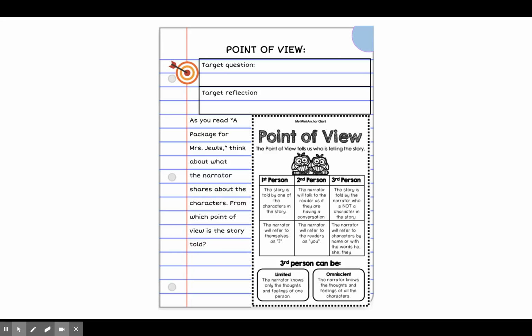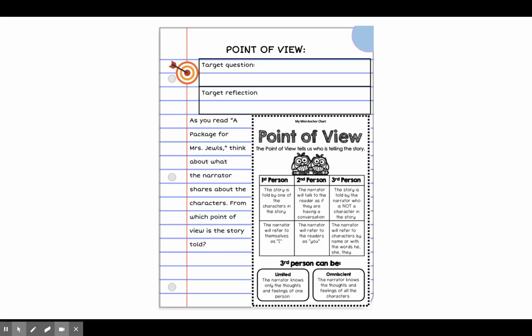Third person is when the main character is referred to by their first name. So in Harry Potter, for example, Harry doesn't refer to himself as I, he's referred to as Harry. So it's like the story's being told from somebody watching the events rather than being in the events. In third person, there are two different types. We can either have limited third person, which means we only know the thoughts and feelings of the main character.